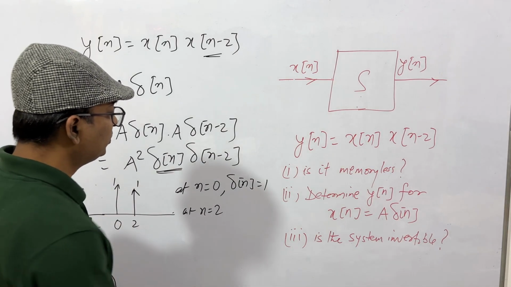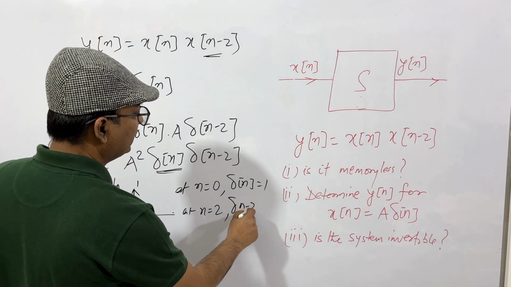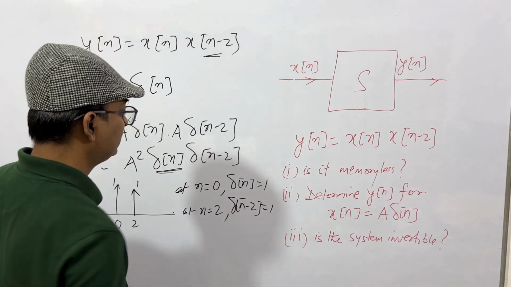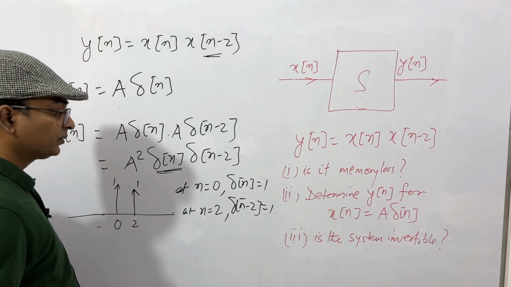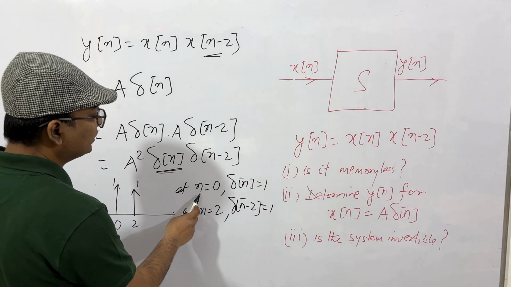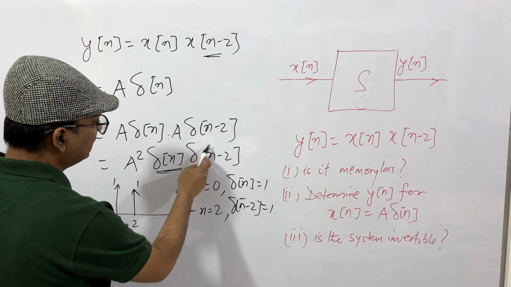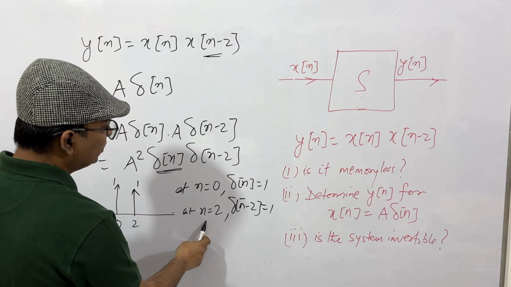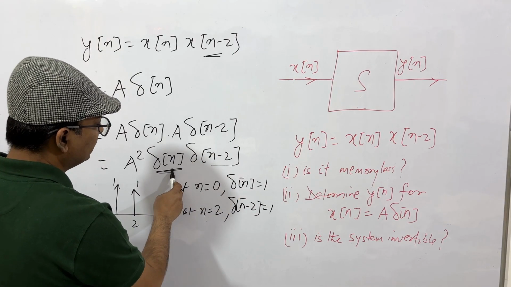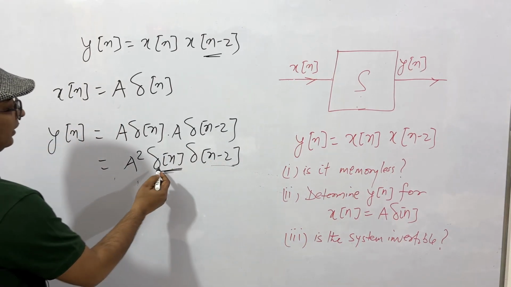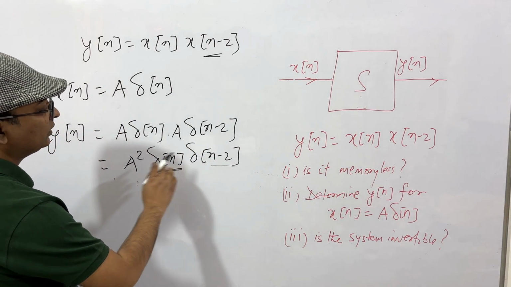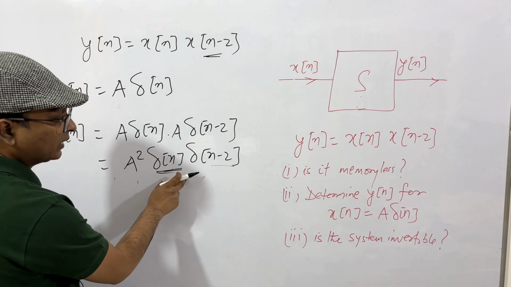So at n equal to 2, this delta[n minus 2] will be 1, and all other inputs will be 0. So at n equal to 0, this is 1 but this is 0, and at n equal to 2, this is 1 but this is 0. So the output is always 0. Other than 0 and 2, both are 0.